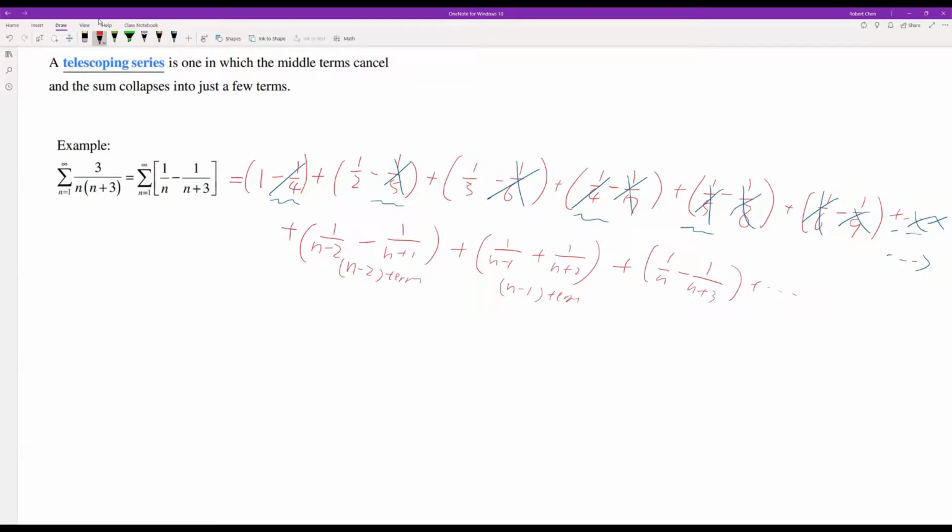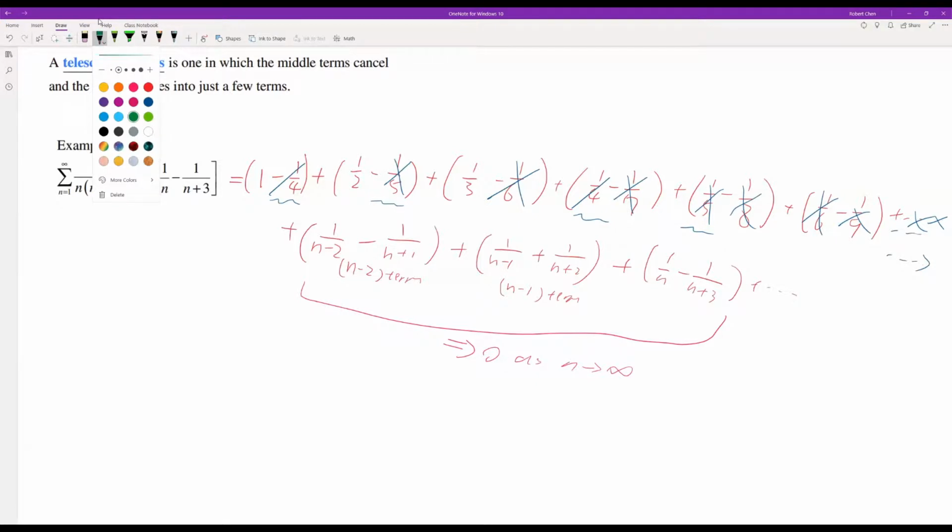So you can see that if we are just looking at the infinite sum, all these, with the n in the denominator, are going to 0 as n approaches infinity, right? So the only terms that are going to matter are the ones that are remaining, right?